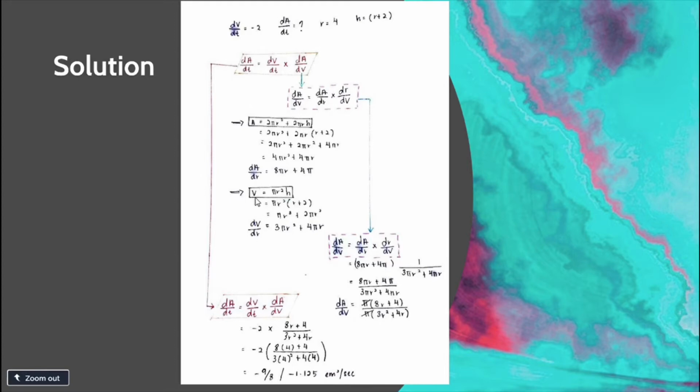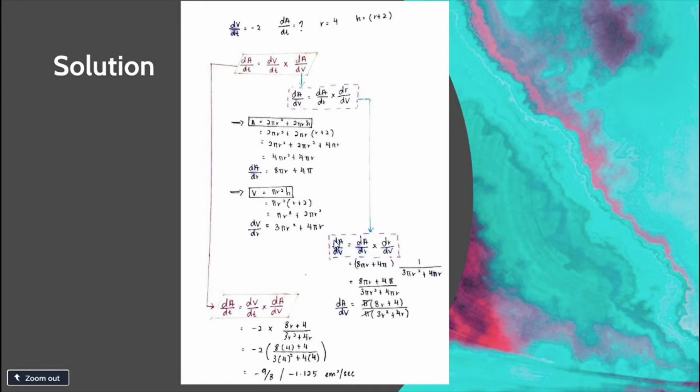And then using the volume formula and substituting the h as r plus 2, and then we differentiate it, and we get dV/dr.